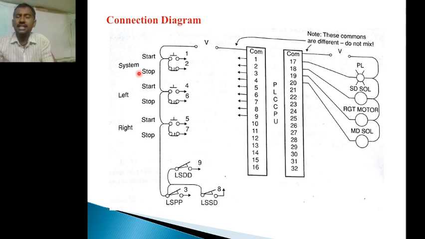And this is the connection diagram for this particular drill press operation. The entire program will be placed in the PLC CPU. For this PLC CPU, on one side we have the input module, and on the other side we have the output modules. For the input modules, we are connected to the 9 input devices. What are the 9 input devices? System start, system stop, left start, left stop, right start, right stop, and LSPP, LSSD, LSDD.